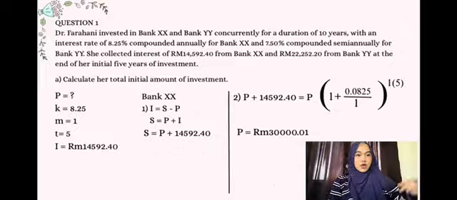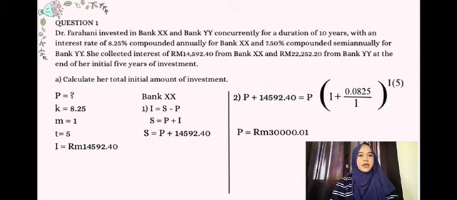Question 1. Dr. Fahani invested in Bank XX and Bank YY concurrently for a duration of 10 years with an interest rate of 8.25% compounded annually for Bank XX and 7.50% compounded annually for Bank YY.